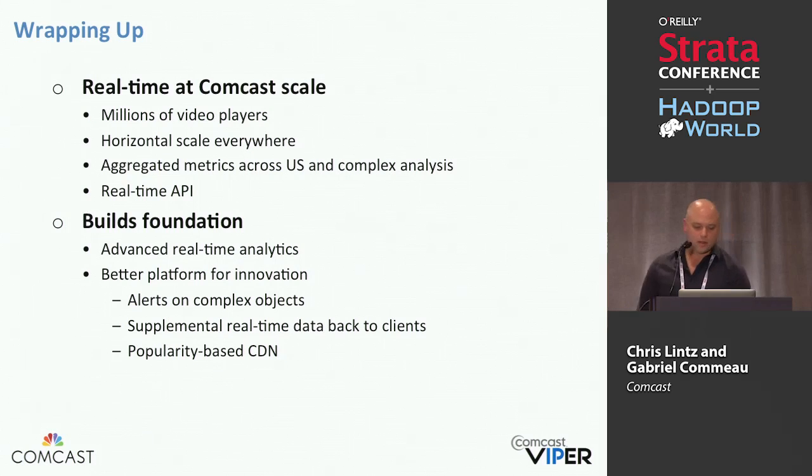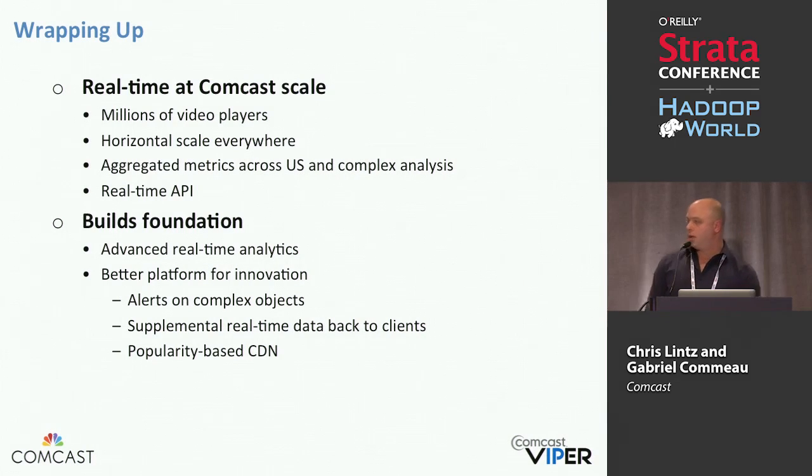So we're getting a little bit of praise for that right now. But more so, it's built a foundation for us. I think we're a good example of you can innovate off moving things in real time. And whether that's product innovation or tool innovation, having knowledge instantaneously or relatively instantaneously is pretty key for us.